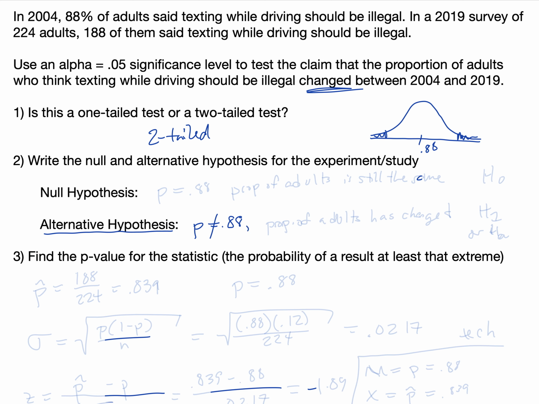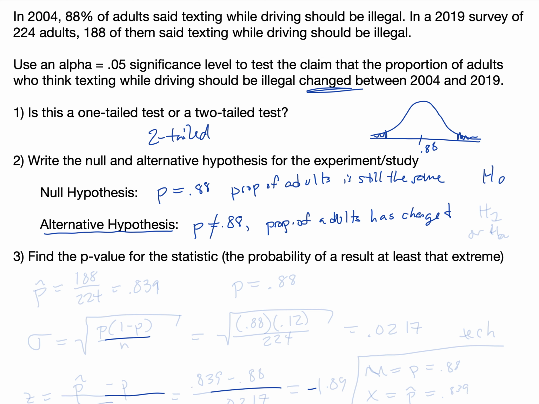So in other words, the alternative hypothesis is that the proportion of adults who think texting while driving should be illegal has changed, whereas the null hypothesis would be that p is still 0.88, that the proportion of adults who think texting while driving should be illegal is still the same. So those are our null and alternative hypotheses.